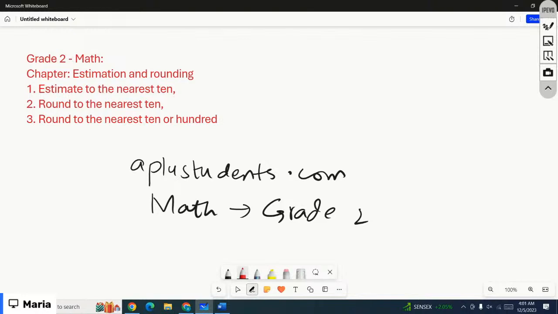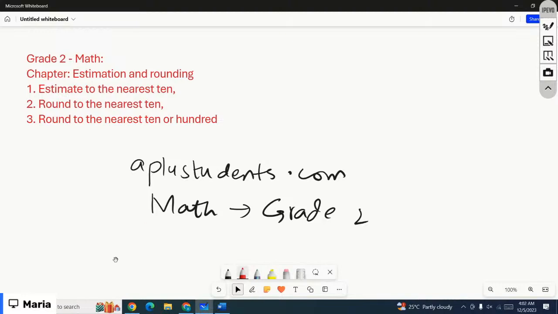So let's just start with the lesson. The lessons we're going to cover today are estimate to the nearest 10, round to the nearest 10, and round to the nearest 10 or 100.